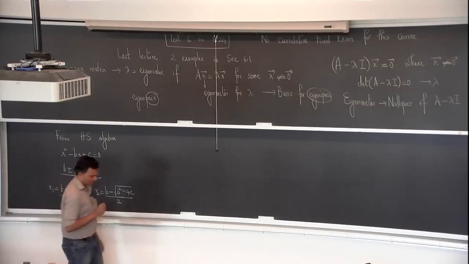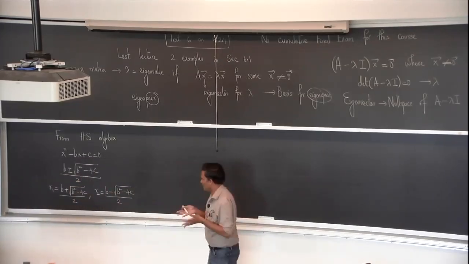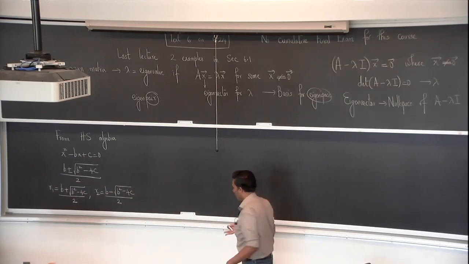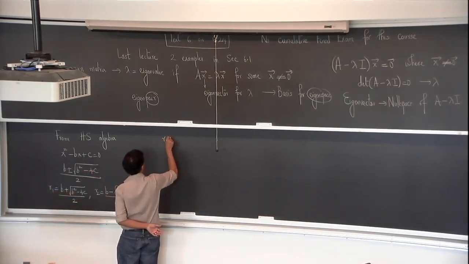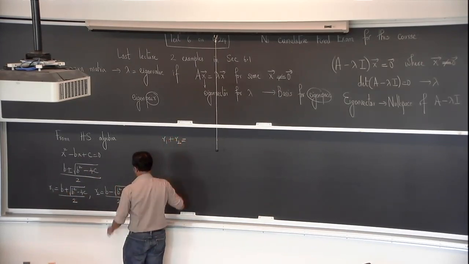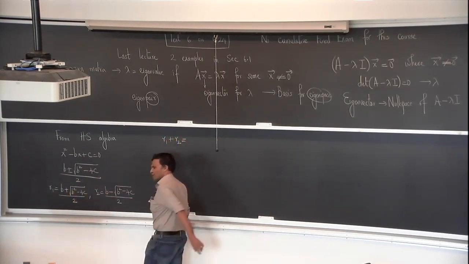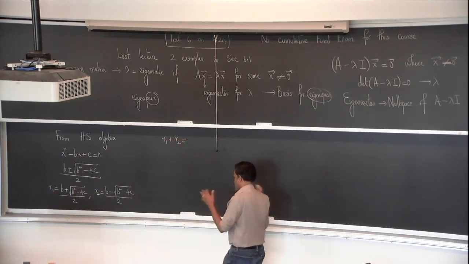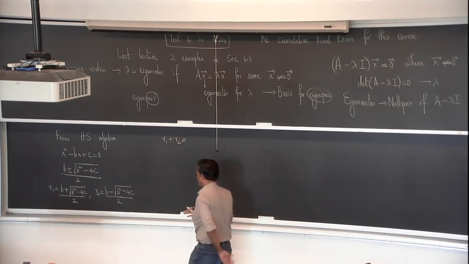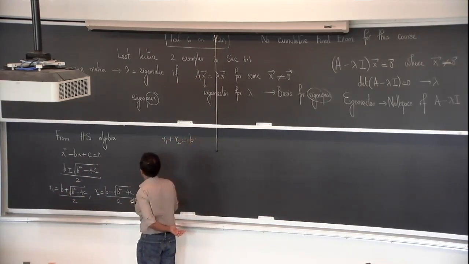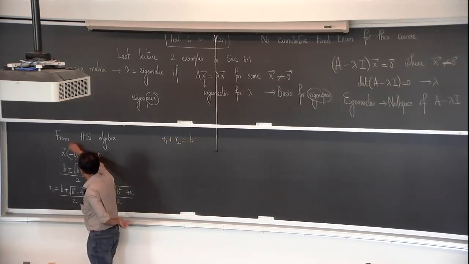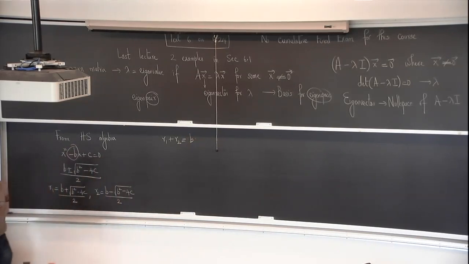This is one of those things that your high school teacher may have mentioned in passing, or maybe you did a few problems. If you add these two roots, r1 plus r2, the plus or minus the square root of b squared minus 4c terms get cancelled out, and you get b over 2 plus b over 2, which is b, the negative of this coefficient here. In high school you may have seen it as negative b over 2a.